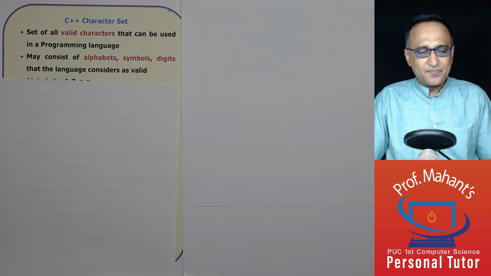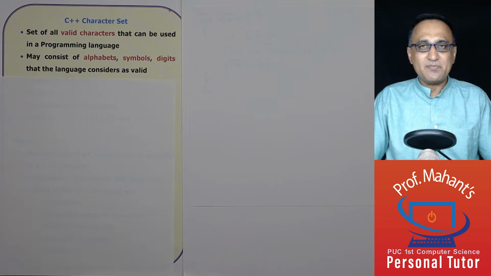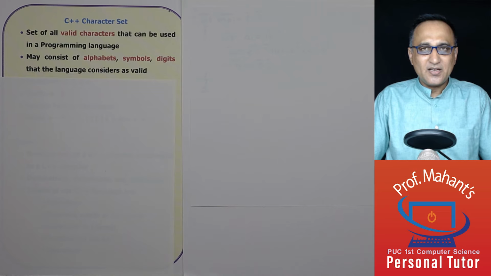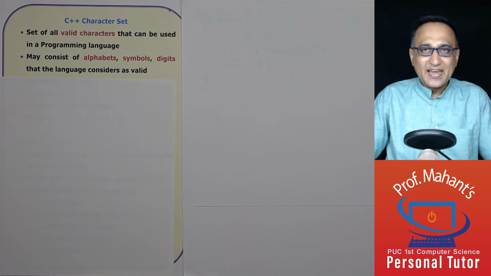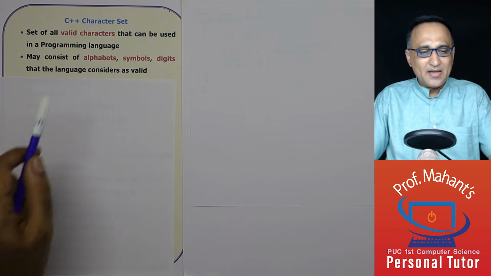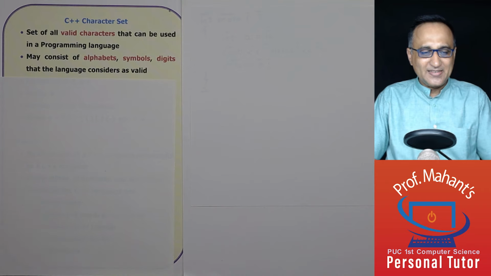For example, it means all the alphabets that can be used, all the digits 0 to 9, all the symbols like question mark, exclamation, hash, tilde, all these symbols that the language considers to be valid form a part of the character set.